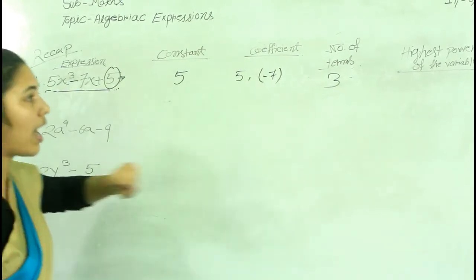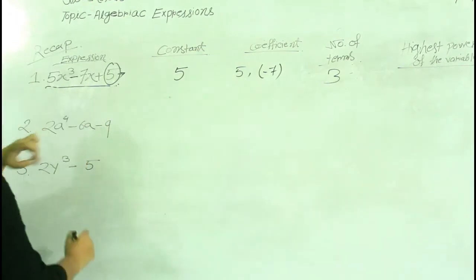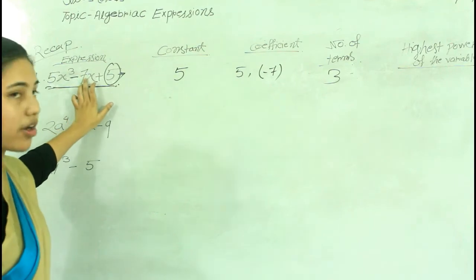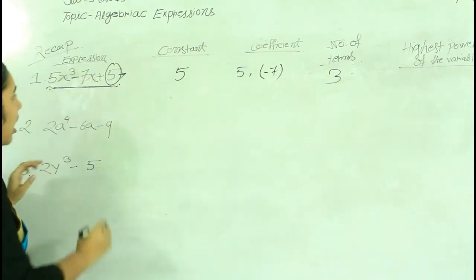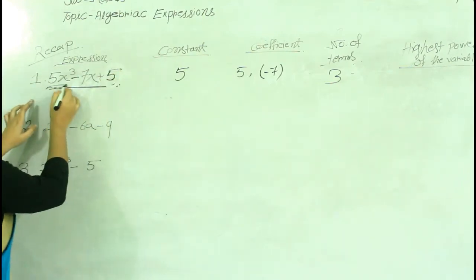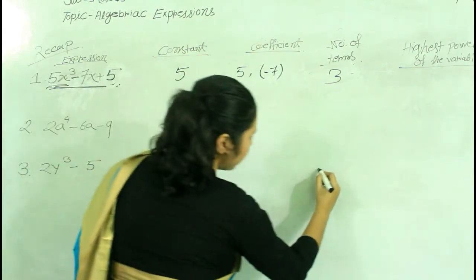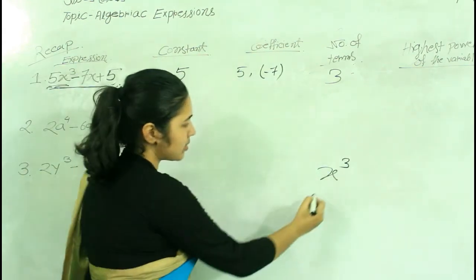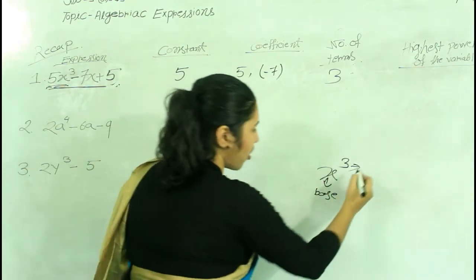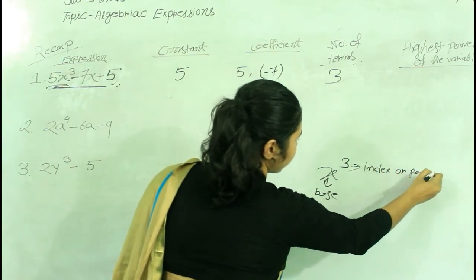Next, the highest power of the variable. Now what is this? Highest power of the variable. Look at here. In this expression, x is our variable, right? Now, in the first term, the power of x is 3. We know that here x is called the base and 3 is called the index or power, right?